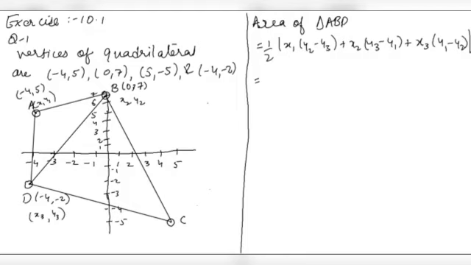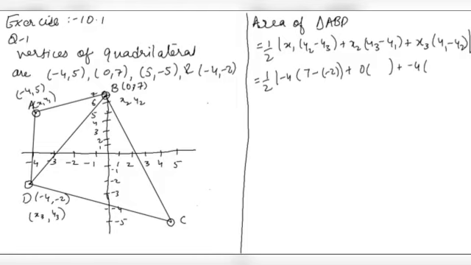So x1 (y2 minus y3) plus x2, as it is 0, will not matter because 0 multiplied by anything will be 0 only.